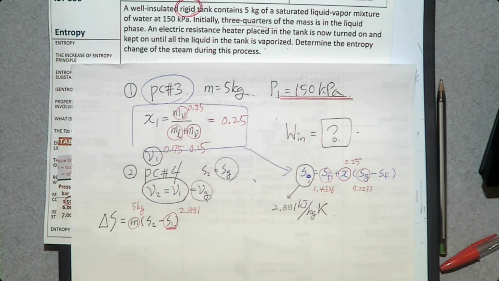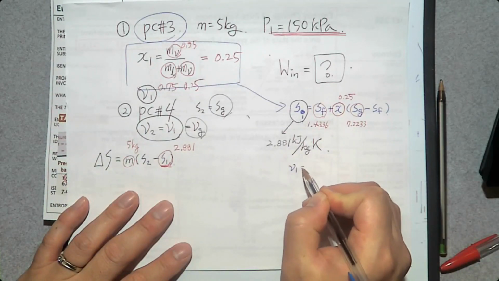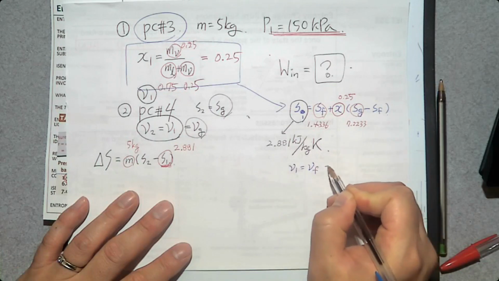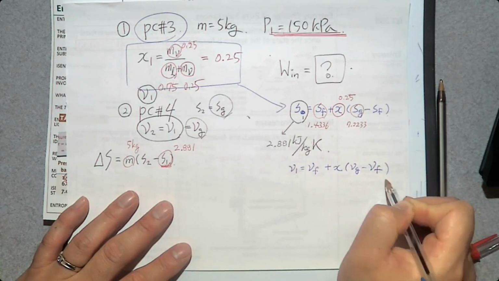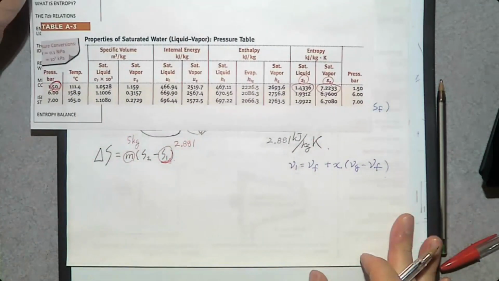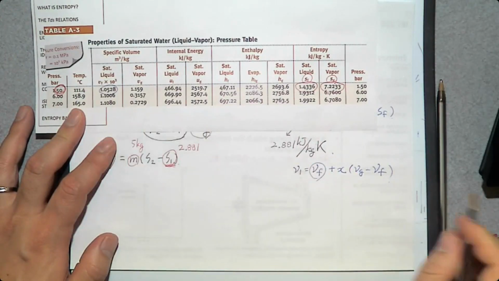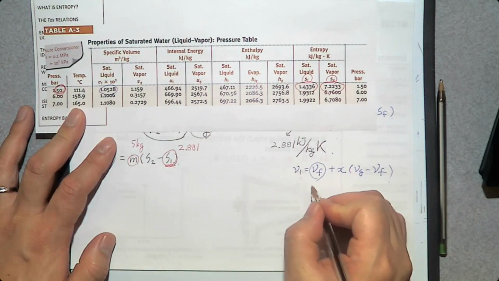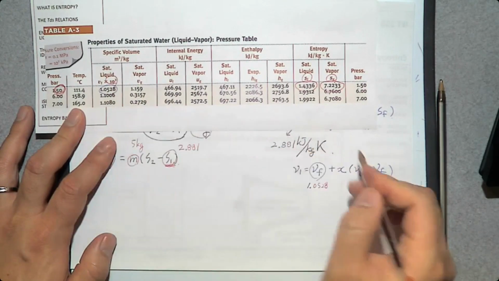We want to determine the specific volume. How can we do that? Since it is phase change process number 3, we can use the same equation. V1 is Vf plus quality X times Vg minus Vf. Vf is this one, 1.0528 times 10 to the minus 3.